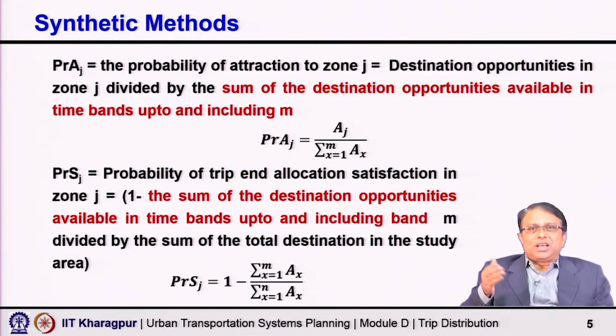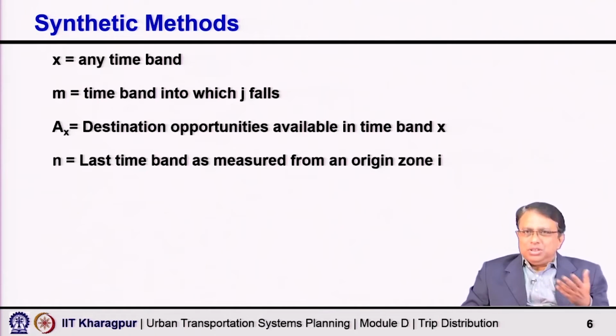When I say sum over up to m, we are talking up to the 5th station, and when we consider sum over n, that means up to the 10th, whatever is my limit for the study area or the zone.